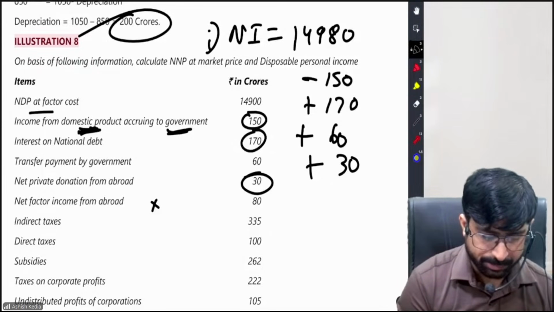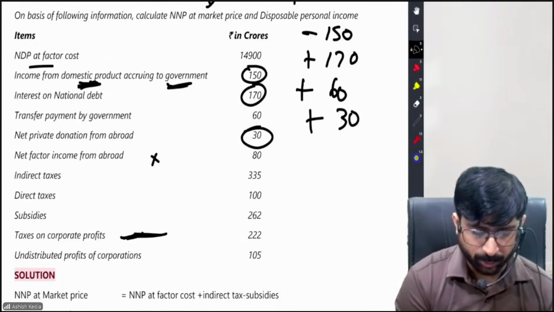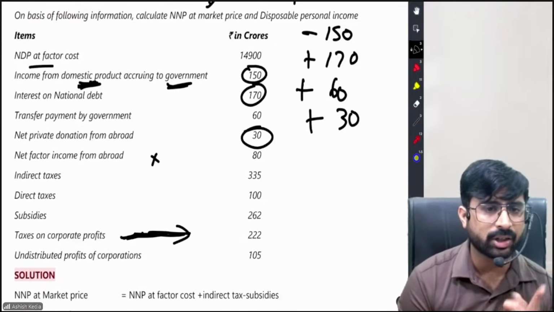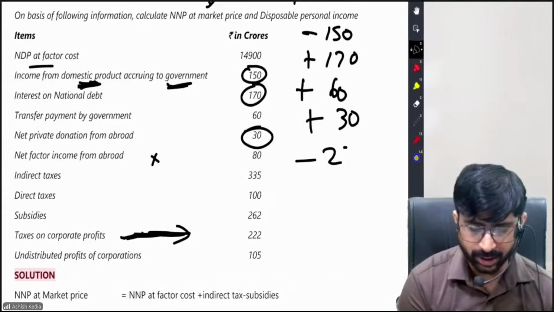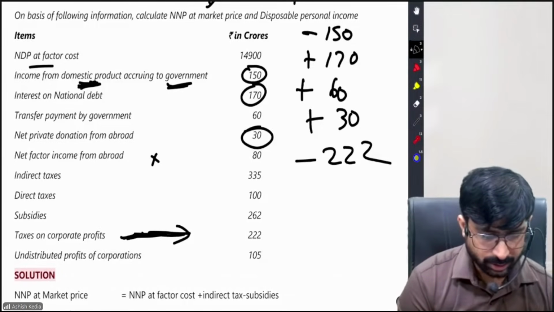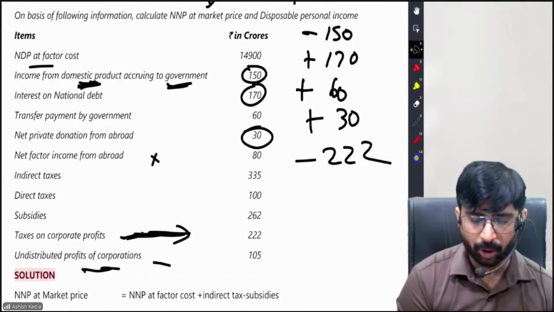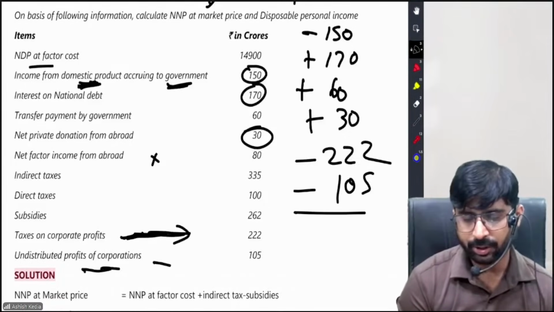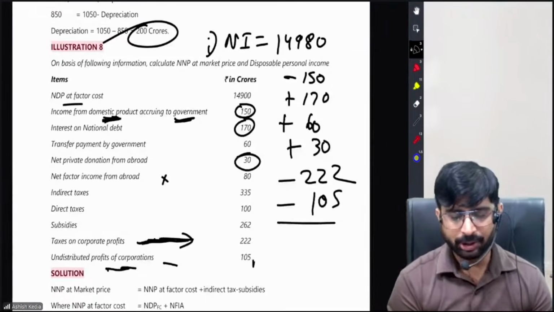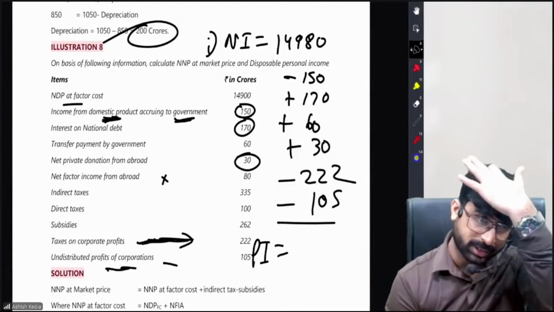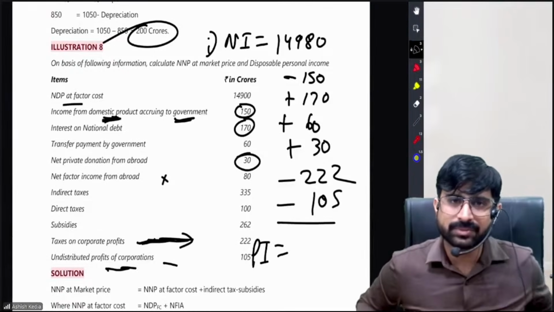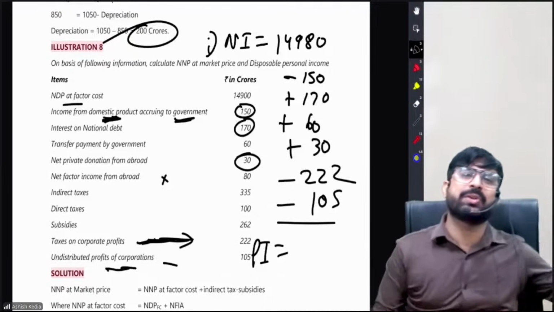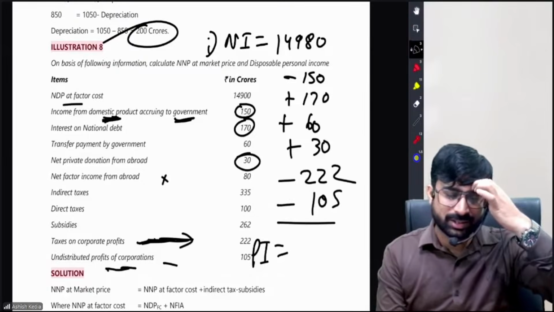Direct tax, for the time being nothing doing. Taxes on corporate profits. Will it reach us? It won't reach us, right? Remove it. Undistributed profit, savings. Will it reach? No, remove savings. So students, when you do all this, you get personal income. Please tell me how much it is?